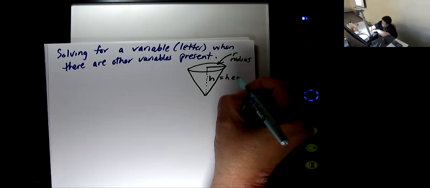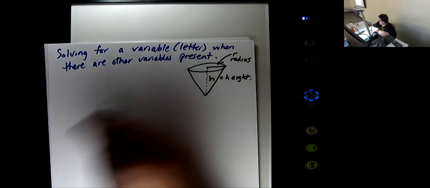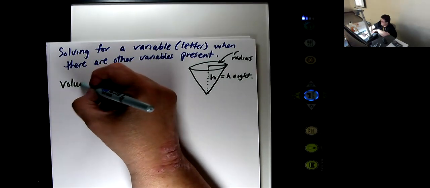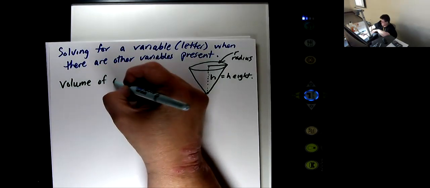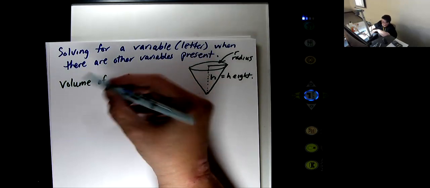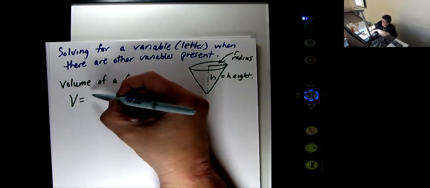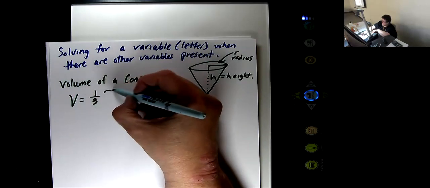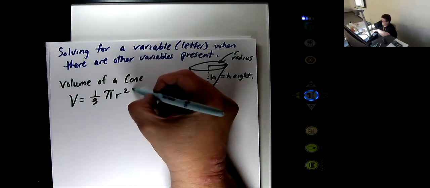And the h is height. And the volume of a cone has the formula V equals 1/3 pi r squared h.